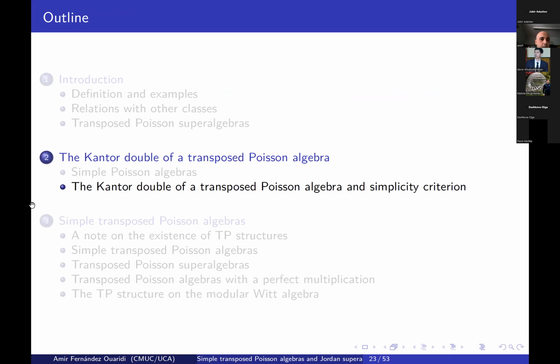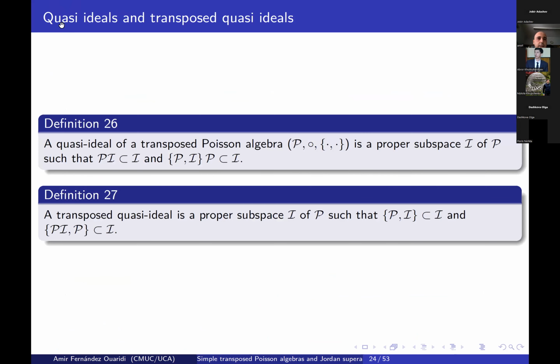Now, the last definition I want to introduce is the following. A quasi-ideal of a transposed Poisson algebra is a proper subspace I of P such that I is an ideal of the associative commutative algebra, and we have that the bracket of P with I, multiplied by P, is contained in I. Another definition is the transposed version of this one.